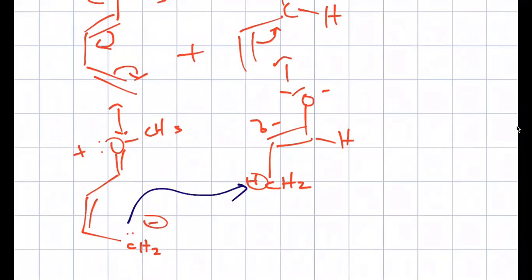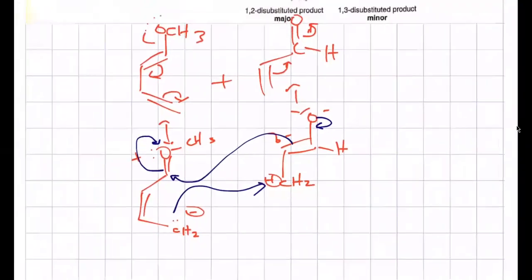Boom. Here. And then here to that carbon. Right? Followed by breaking that pi bond. That is going to give me that 1,2 product that we see up there. Right?